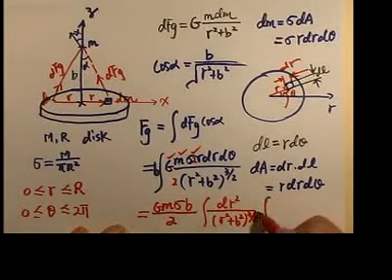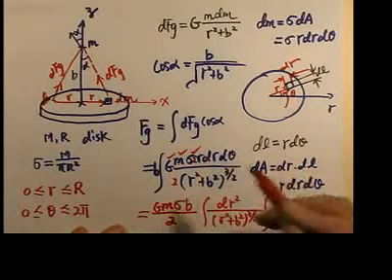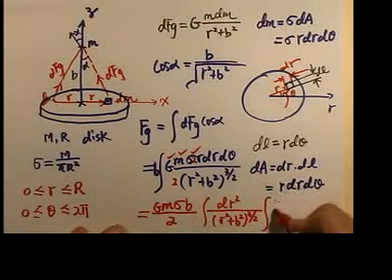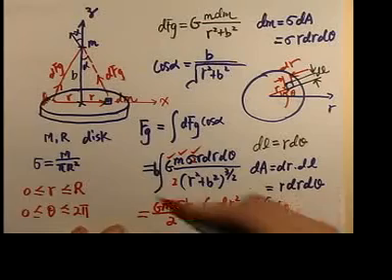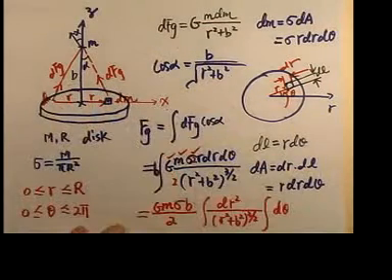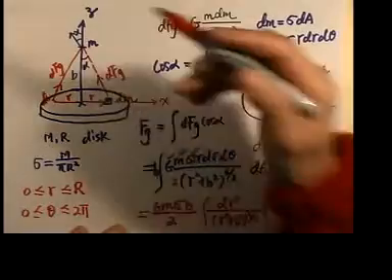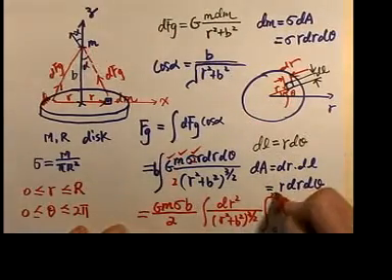We can insert the sign of integral because theta and dr are independent. For the angle change, if you want the entire disk, we're talking about the attraction between the entire disk and point mass m, so it's 0 to 2 pi.